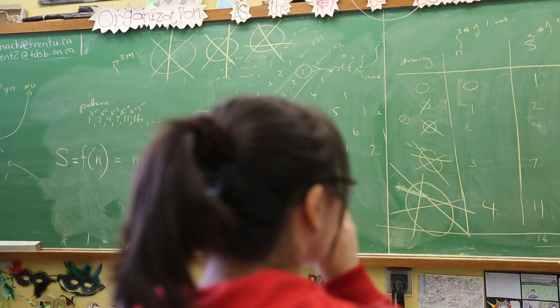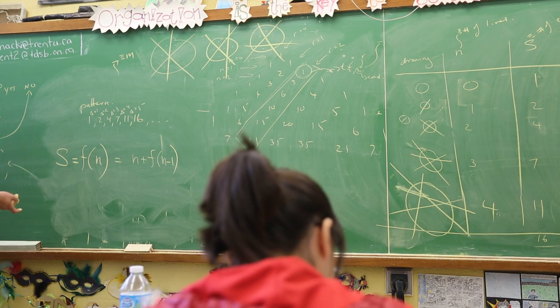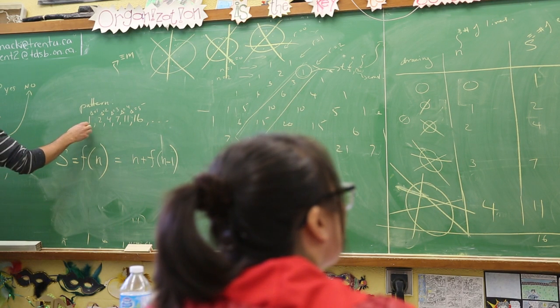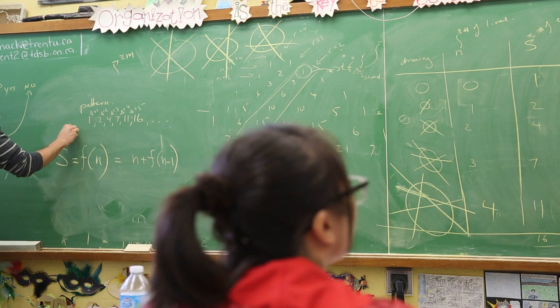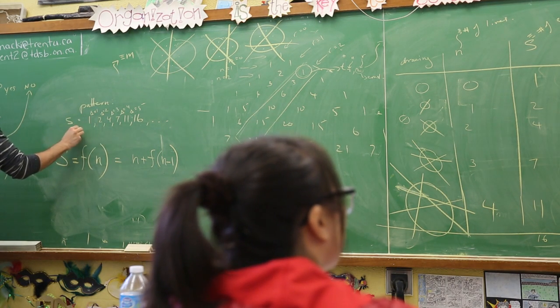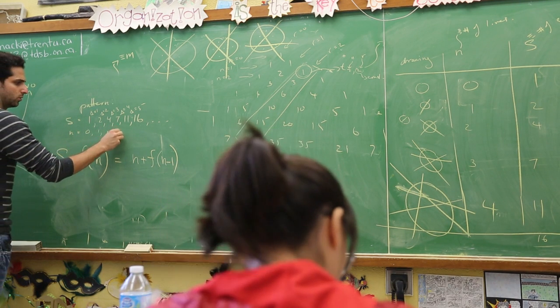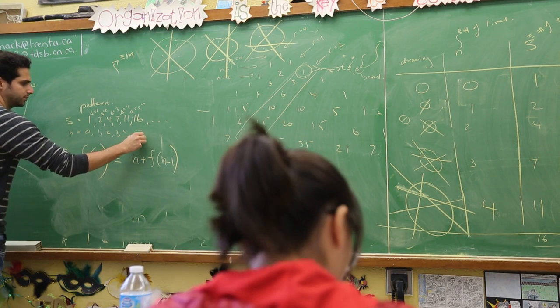So what was n? N is the number of sticks. Let's just test it. Here, this is s, right? Those are the sectors. And this corresponds to n equals 0: 1, 2, 3, 4, and 5.